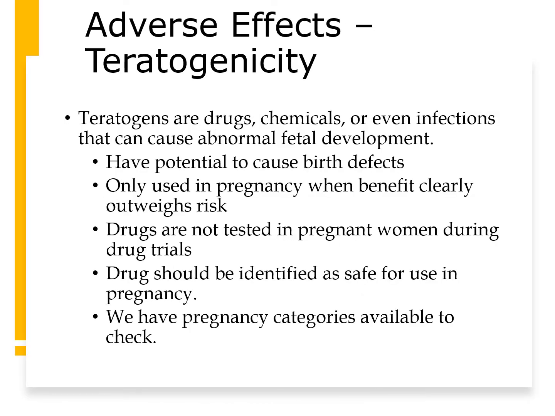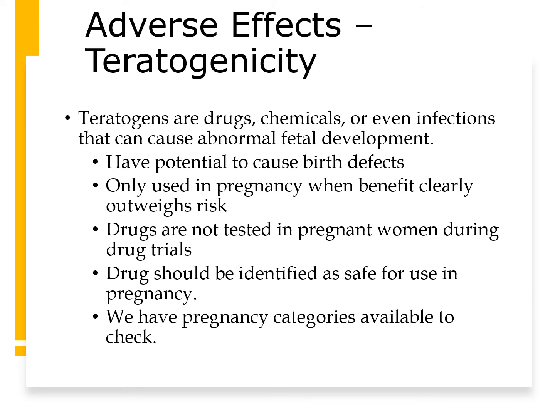Okay, so adverse effects. Now we're talking about teratogenicity. So we spoke about allergies a bit, the hives, urticaria, anaphylaxis, potentially caused by drugs. Now teratogenicity. So these are typically drugs or chemicals taken during pregnancy that can cause abnormal fetal development.